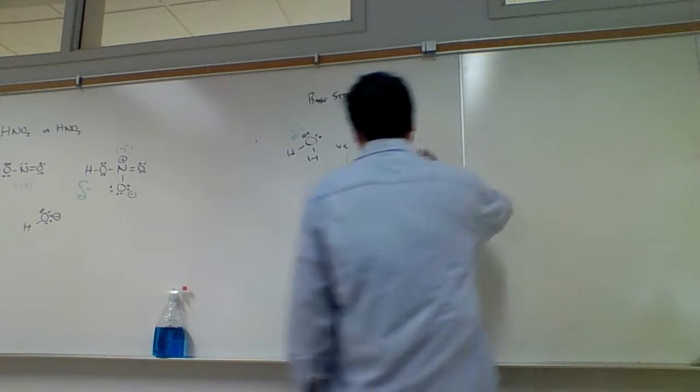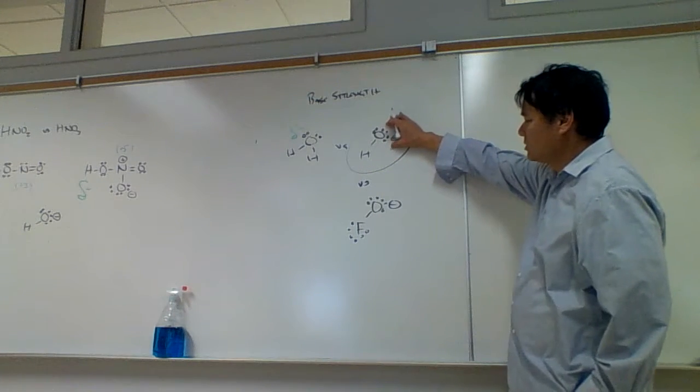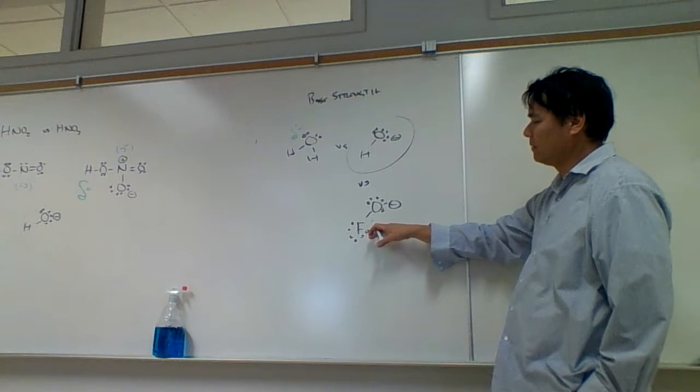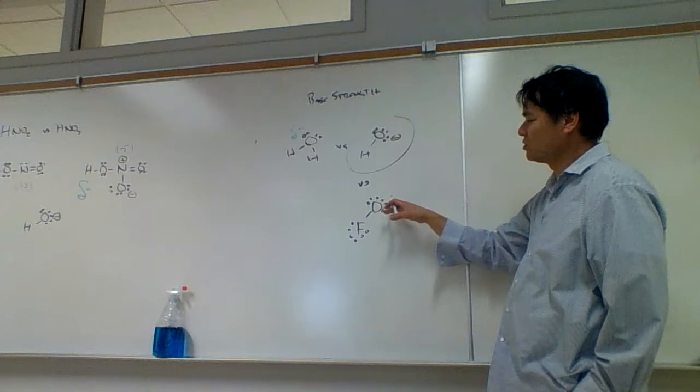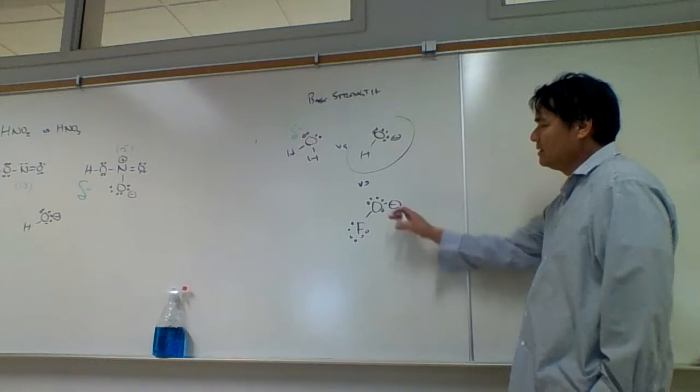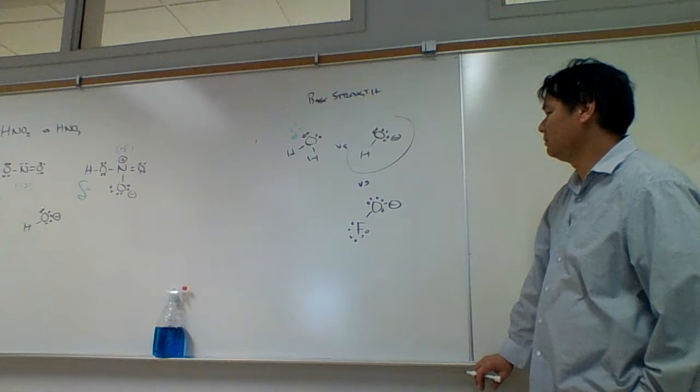And so here the negative charge is more localized on the oxygen. Here it's a little bit delocalized because it's going to be pulled towards fluorine. And so the electron cloud is going to be distributed over a larger volume, whereas it's concentrated here. And so this would be delocalized charge due to induction.